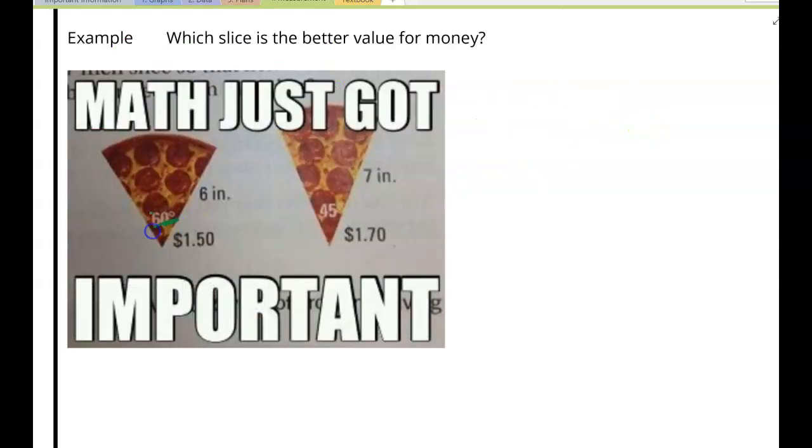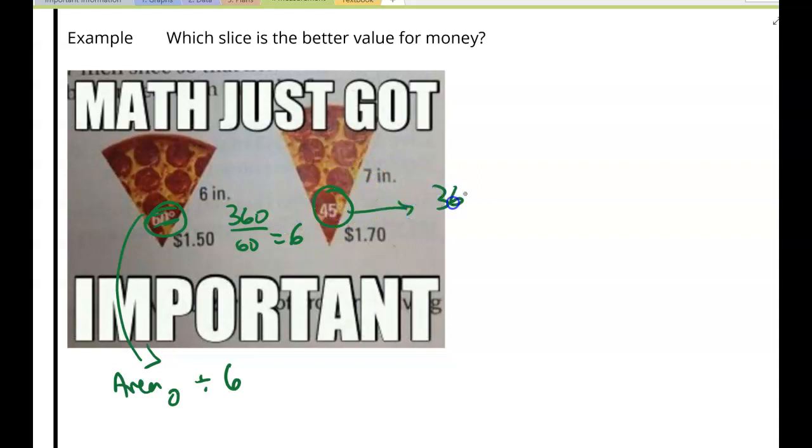So how many pieces in that if it's 60 degrees? Yeah, 360 over 60 is 6, so 6 pieces of pizza. So it's 1/6 of the area of a circle. This one at 45 degrees, how many pieces?